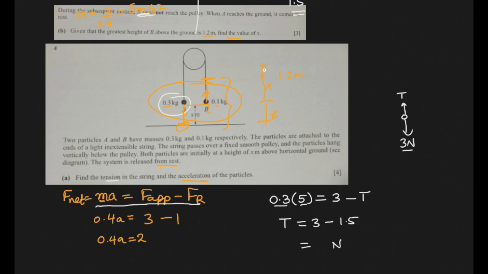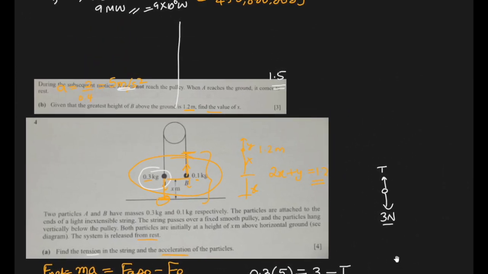Let's call that Y for simplicity's sake. So 2X plus Y is 1.2 actually, right? They're asking us to find the value of X. That means this Y has to be eliminated, and we don't have to find this. We have to find X only. All right, so let's proceed this way.